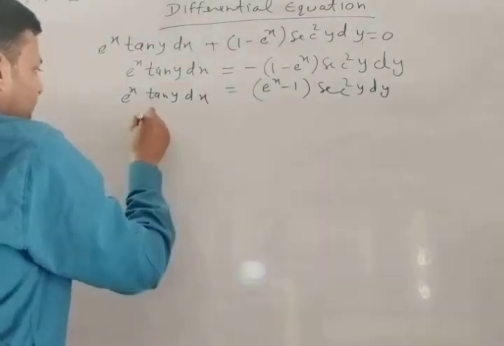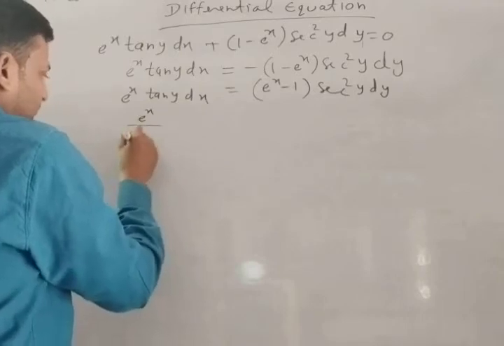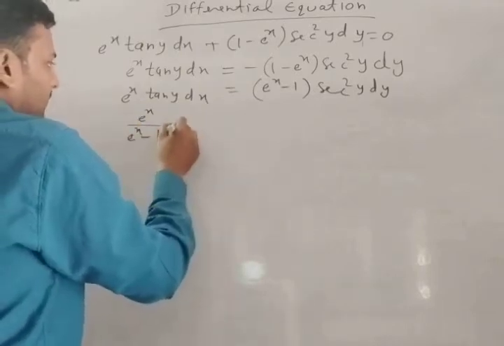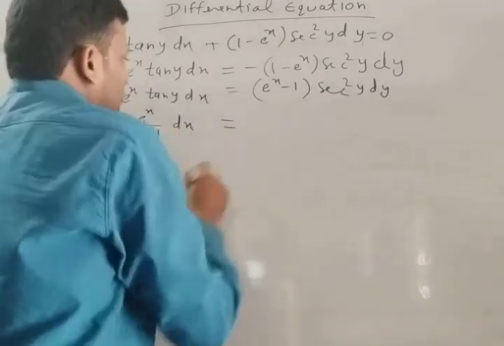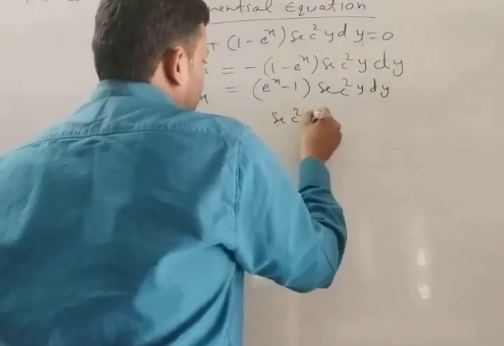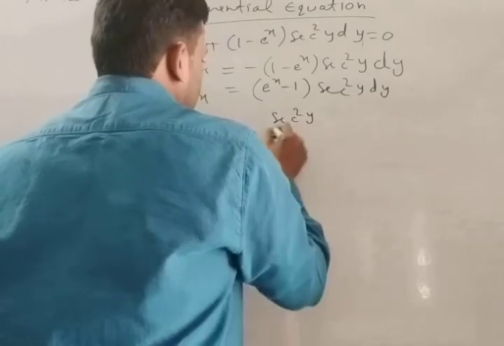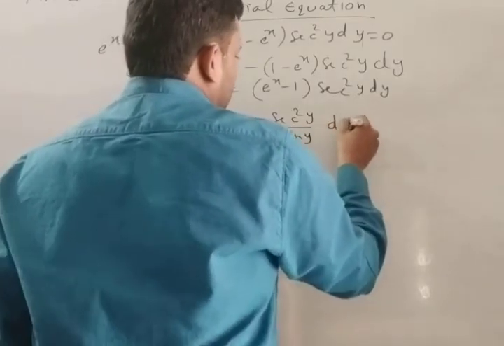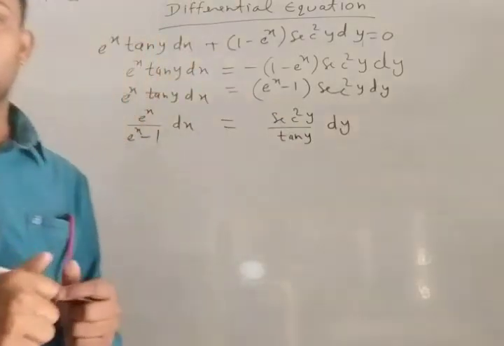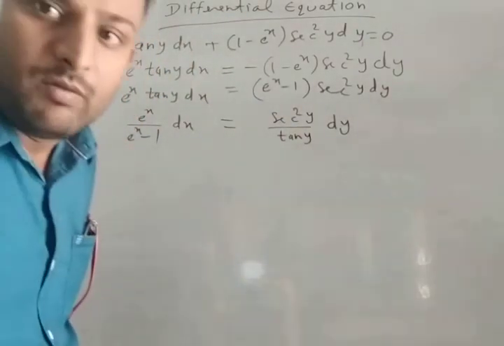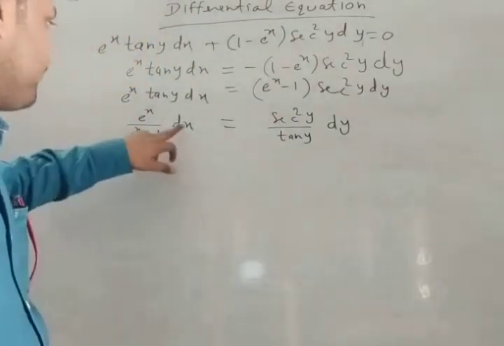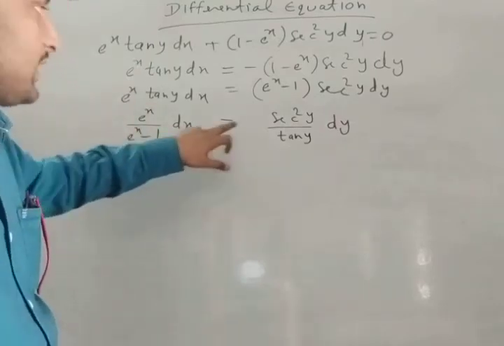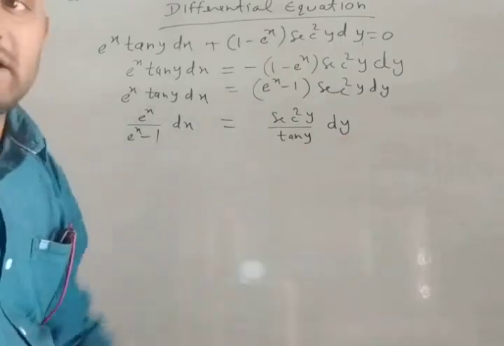Now we set e to the power x minus 1 with dx, and sec square y by tan y with dy. What we have done is separate the variables. We have taken the x variable to the left hand side and the y variable to the right hand side.